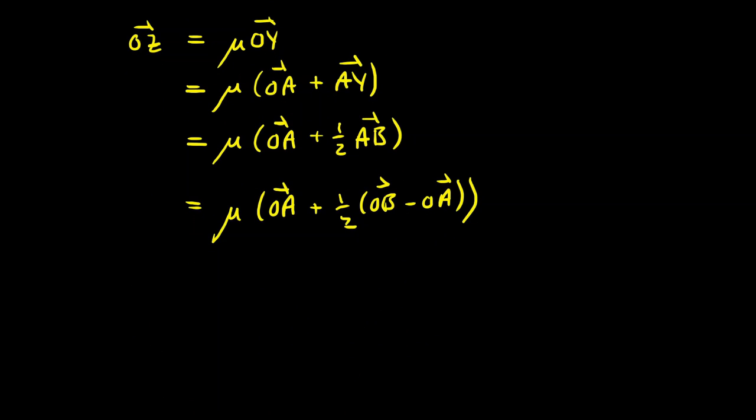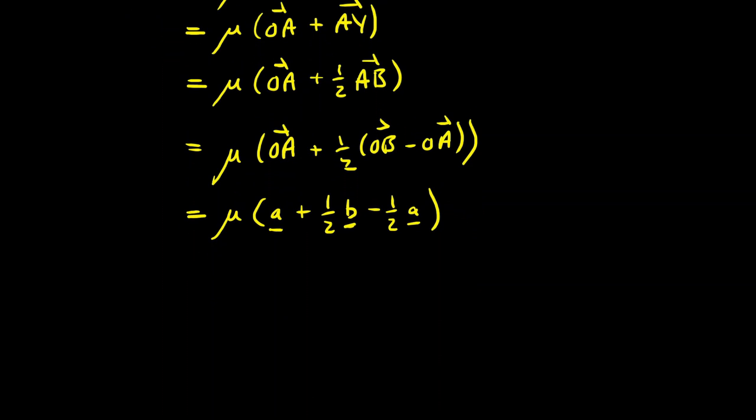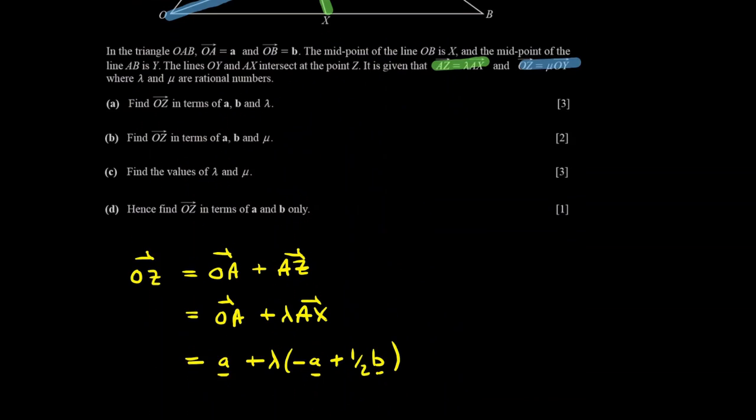Now I can simplify all this, because what I've got is mu times A plus a half B minus a half A. If I simplify all of that, I end up with a half mu A plus a half mu B. And that's another way that I can write OZ, this time in terms of mu.